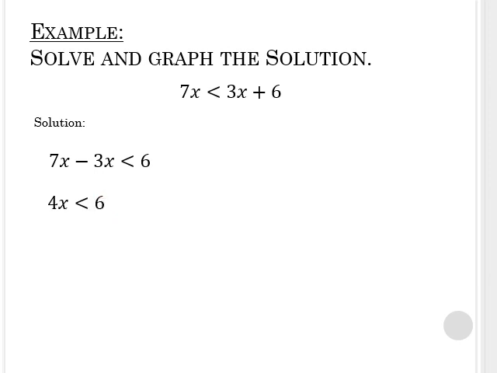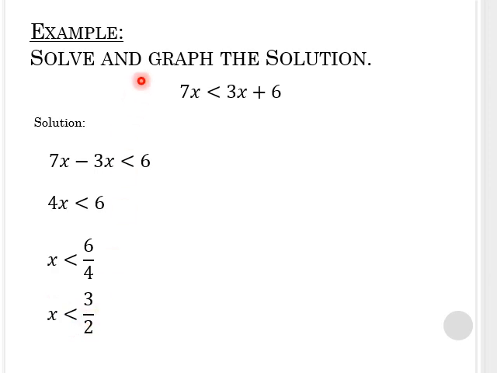Now we divide both sides by 4. 6 over 4. 4 over 4 is 1. We can further simplify this fraction. 6 over 4 divided by 2: 6 by 2 is 3, 4 by 2 is 2. This is the solution of the inequality in inequality form.